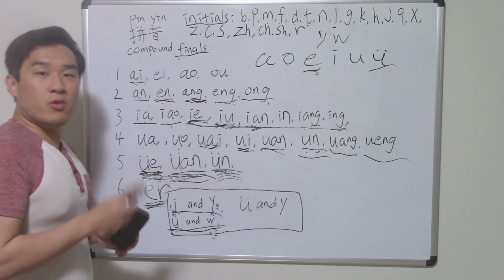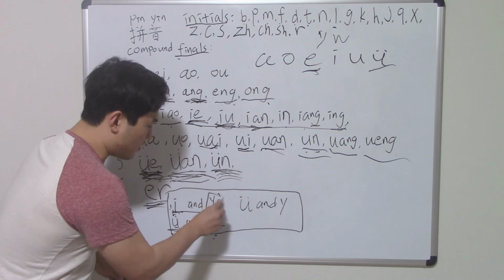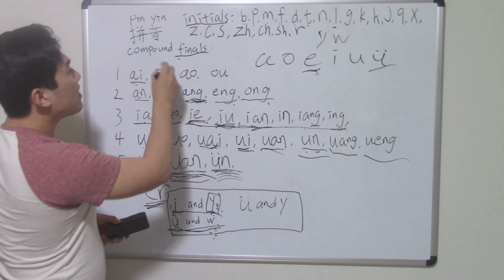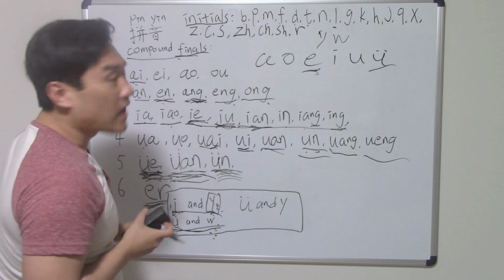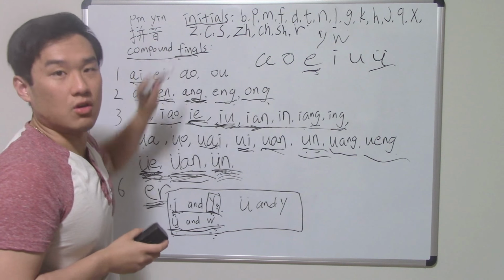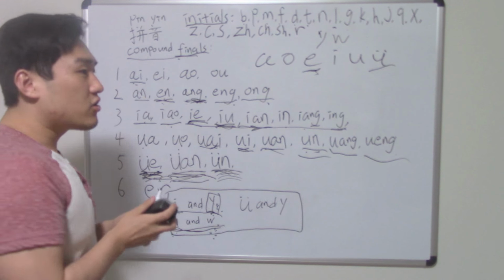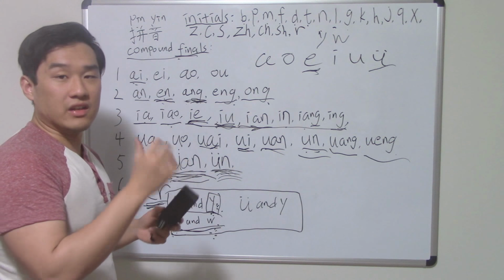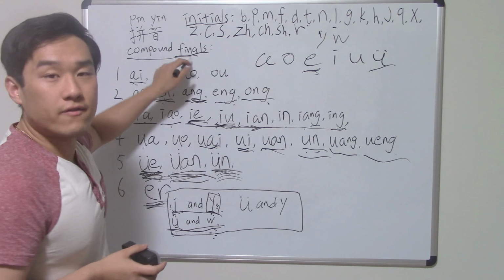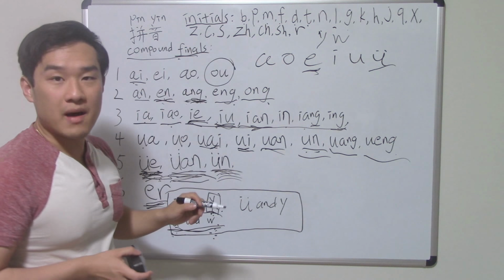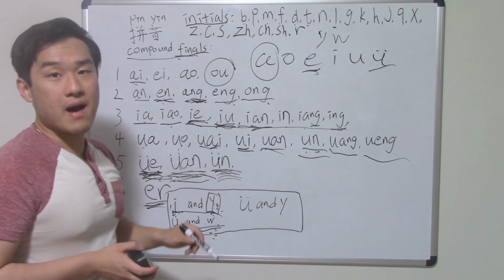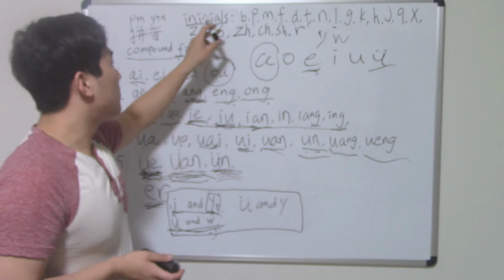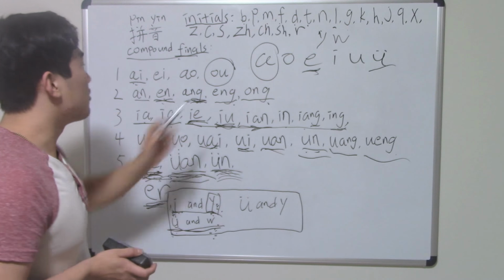Okay. So when do you ever use this here? Sometimes, even though it's compound finals, you don't have to use initials to go with finals. So in Chinese, like I said, the pinyin is either just finals by themselves, a single final by itself, or there's an initial plus the compound final, or plus the single final, right?